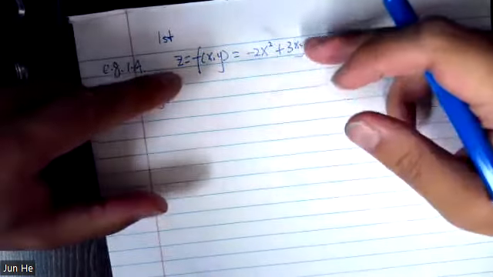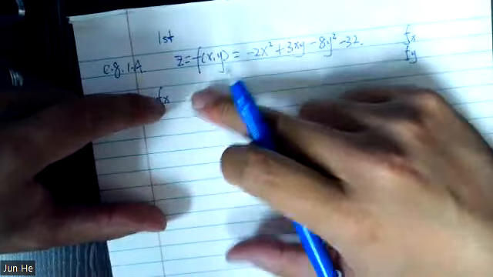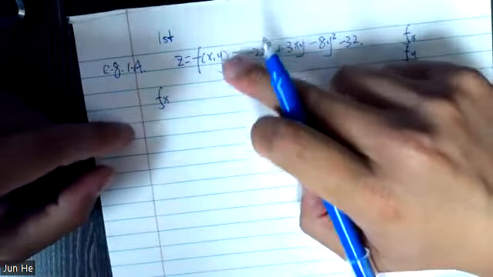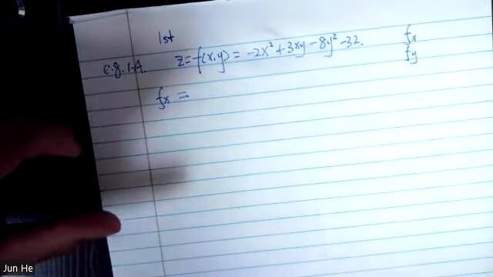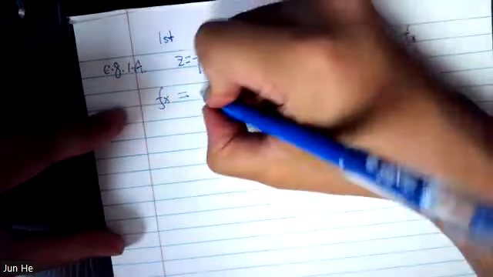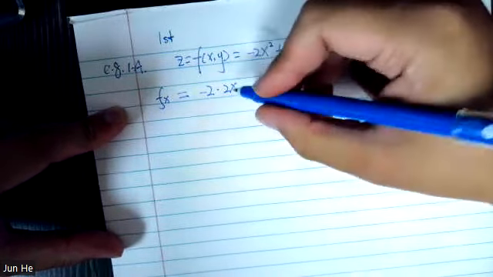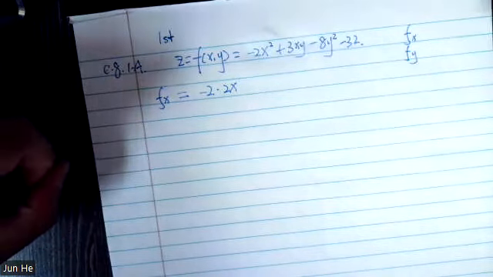So everything other than x is considered as constant, even including y. Y is also considered as fixed, namely constant. So here in this case, the first one, minus 2x squared, its derivative is minus 2 times 2x, because the derivative of x squared is 2x, okay?